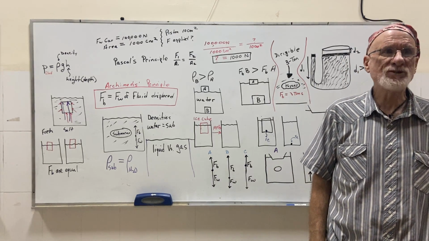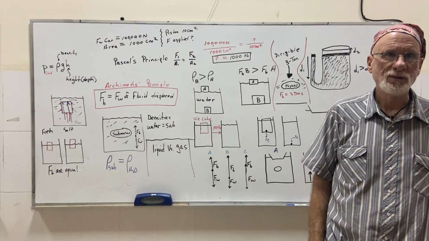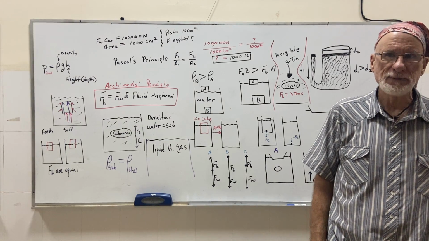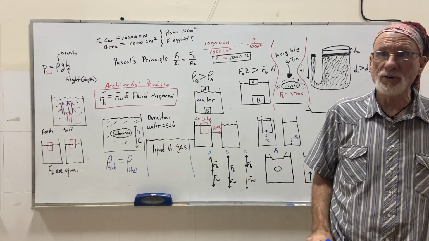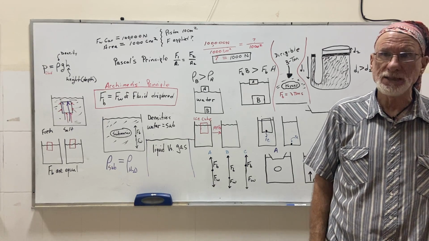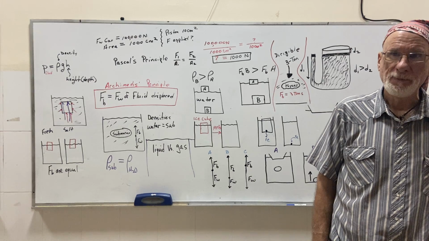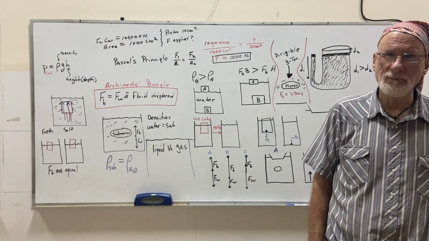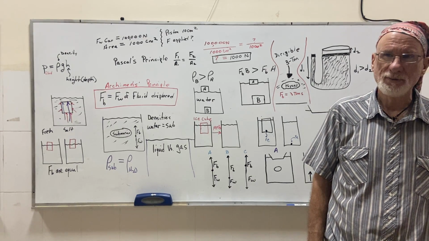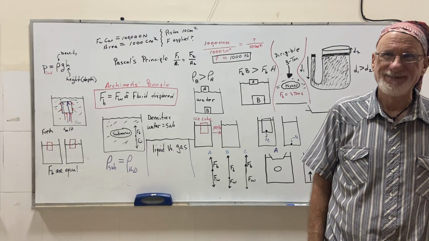So, if that's floating in the air, and it's 3 tons, a 3-ton dirigible, what's the buoyant force? 3 tons.